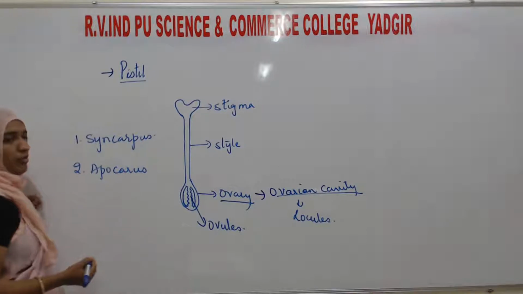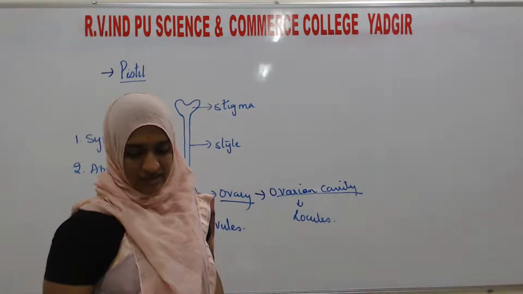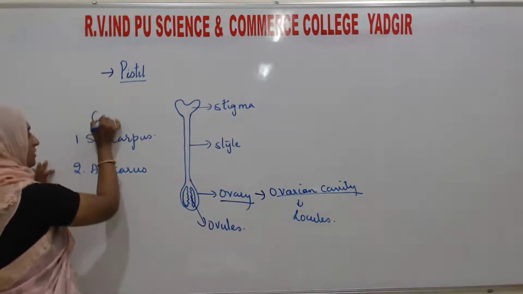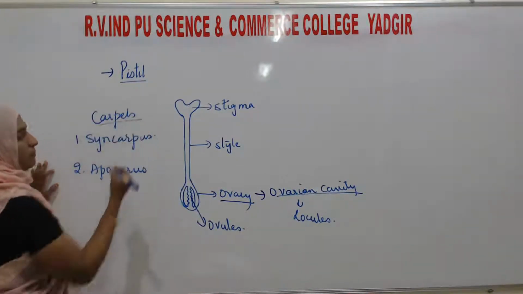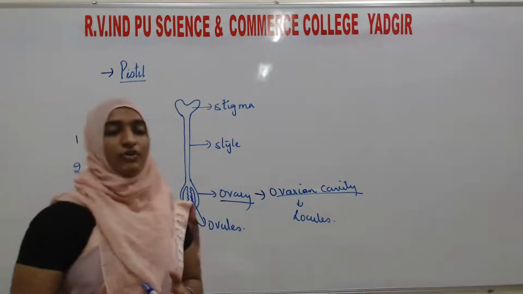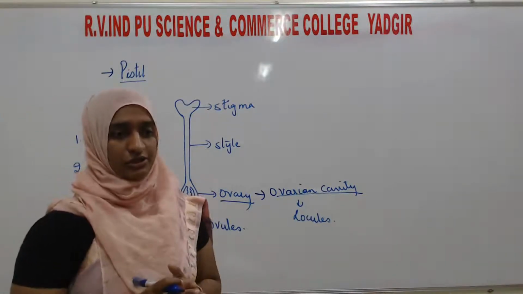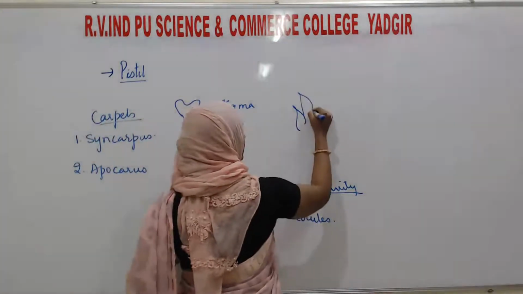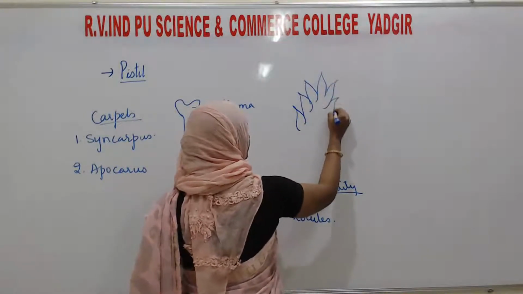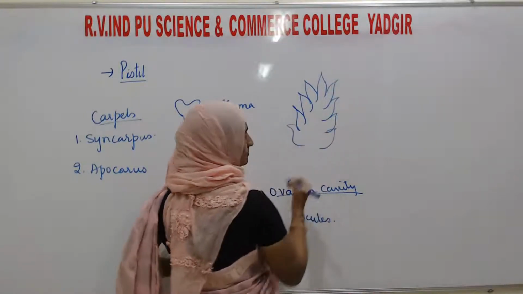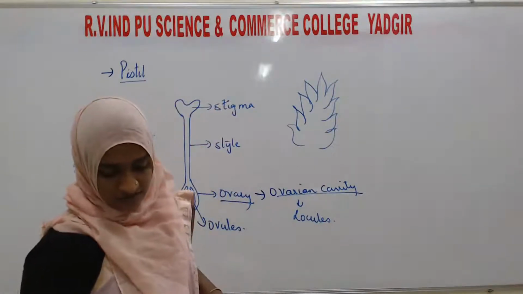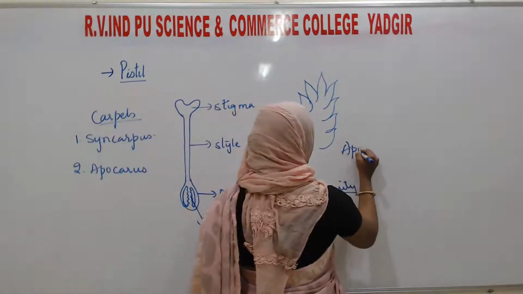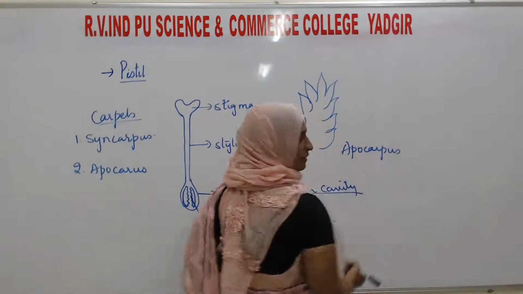What do we mean by syncarpous and apocarpous? This is regarding the carpels. In some flowers the carpels are freely arranged, like this. If the carpels are freely arranged, it is known as apocarpous.